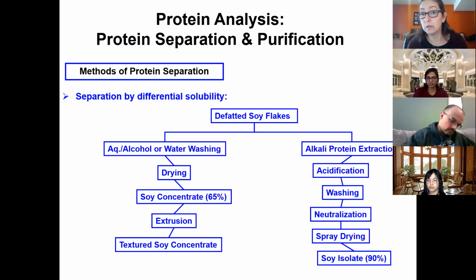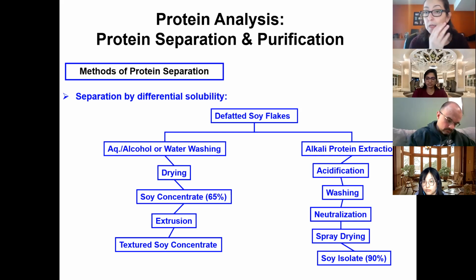The other route where you actually produce an isolate is you take the flakes, obviously they have to be milled into flour to enhance surface area for extraction. You use alkaline pH 7.5 or higher, and you solubilize the protein and other soluble fibers, soluble sugars, oligosaccharides, and precipitate the insoluble fiber.